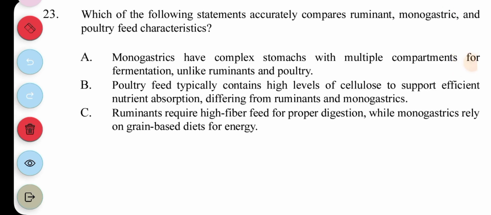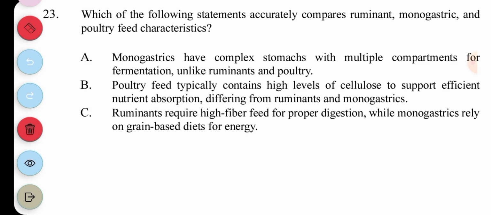Question 23. Which of the following statements accurately compares ruminant, monogastric, and poultry feed characteristics? A. Monogastrics have complex stomachs with multiple compartments for fermentation, unlike ruminants and poultry. B. Poultry feed typically contains high levels of cellulose to support efficient nutrient absorption, different from ruminants and monogastrics.